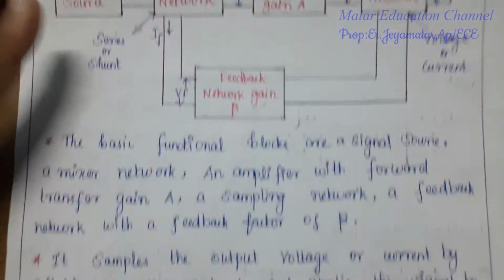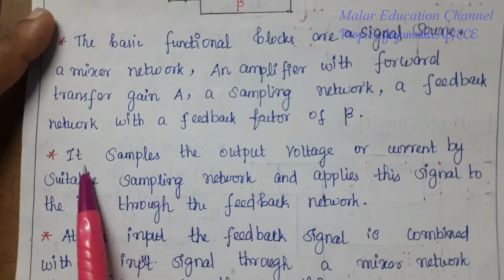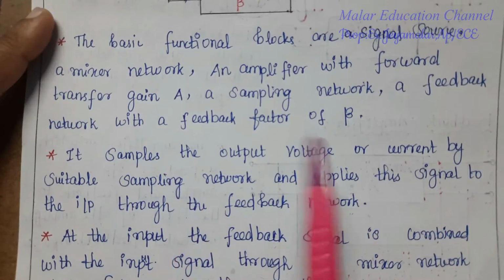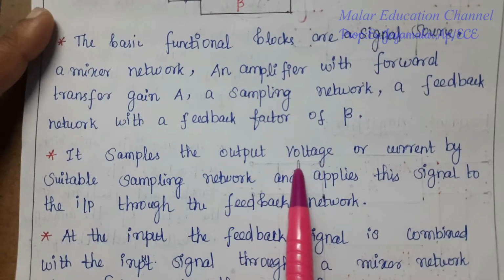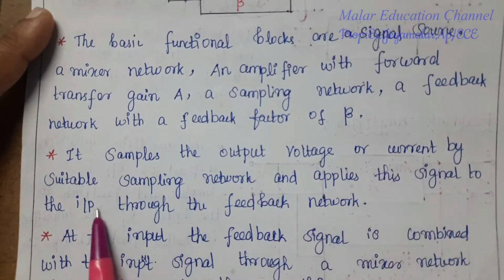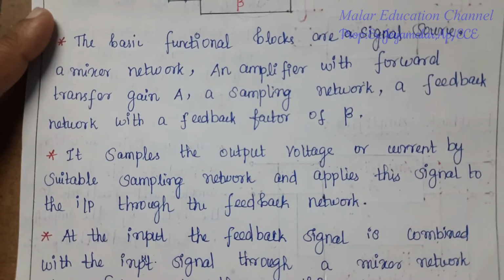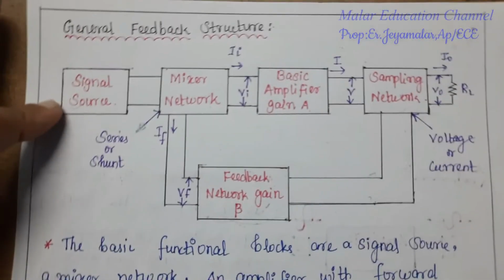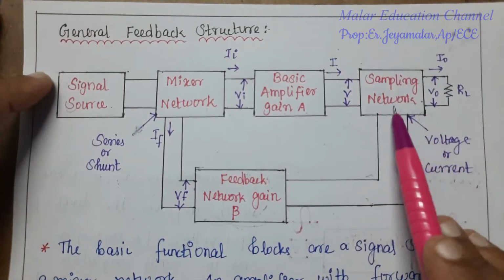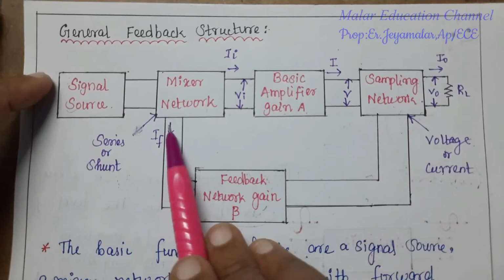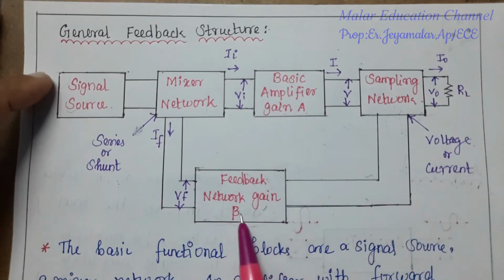See the points here. It samples the output voltage or current. Sampling means the output section is connected with either a voltage source or current source by a suitable sampling network, and applies the signal to the input through the feedback network. The sampling network connected with the voltage source or current source is connected to the mixer network via feedback connections.